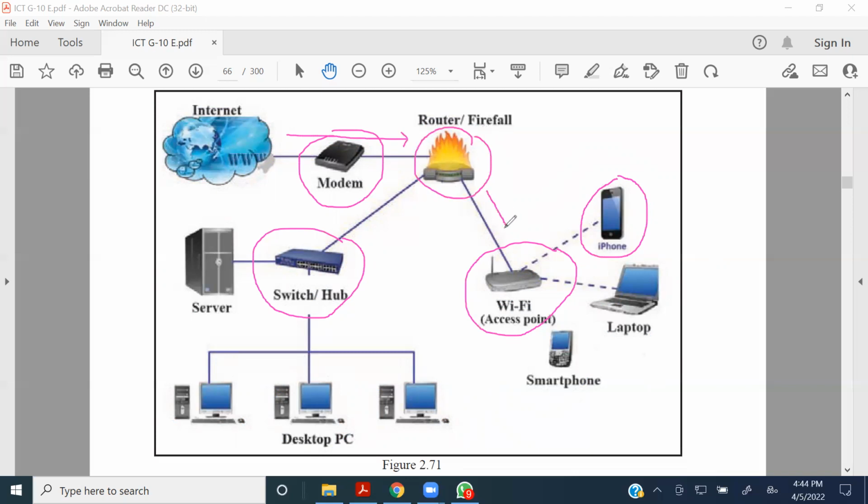If it is safe, it is given to the local area network. If it is not permitted, it will be rejected by the firewall. So it is protecting your network, in other words. Okay. Any questions regarding these, people?